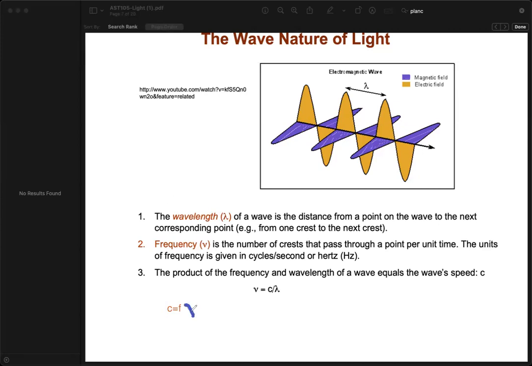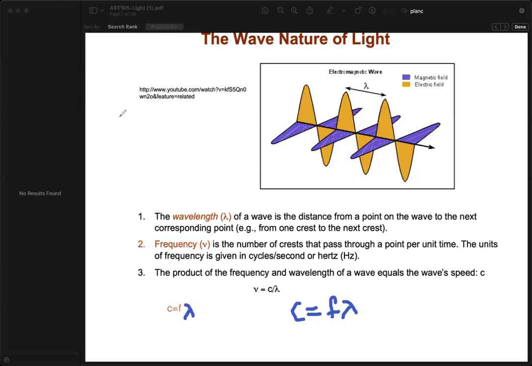So C is equal to F lambda. This is a formula that you need to know and be able to use.